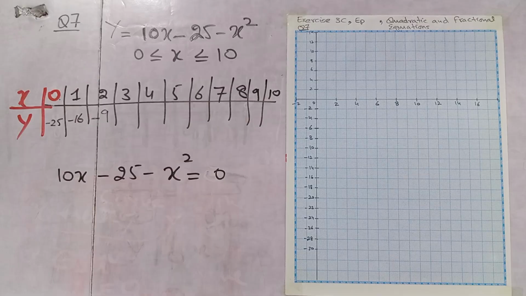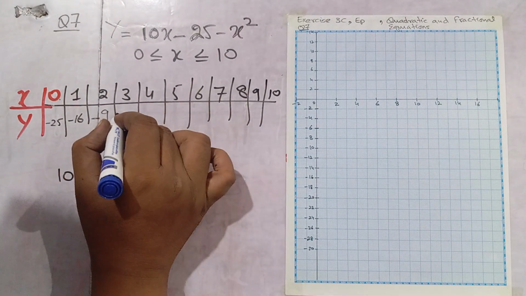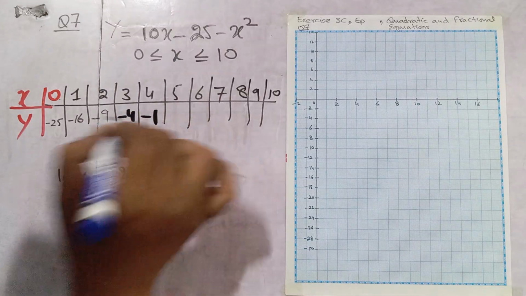Then we have 3. So this is 10 multiply 3 minus 25, minus 3 square, and that gives me minus 4. So this value here is minus 4. Okay, then 10 multiply 4 minus 25 minus 4 square, and that gives me minus 1. So here we will have minus 1.